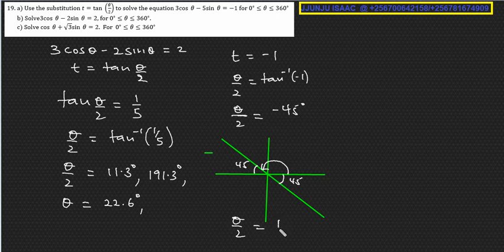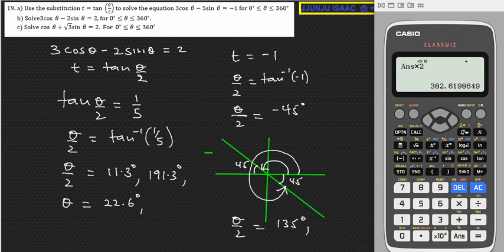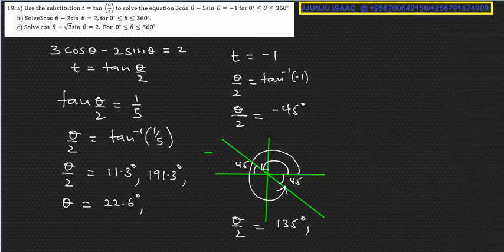We have 135 degrees. Another angle will be 360 minus 45, giving us 315, times 2 is 630, but that is outside the range, because the range is from 0 to 360, so we neglect that.